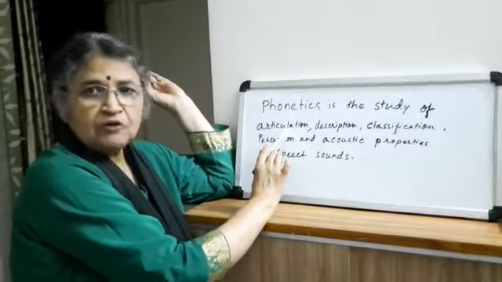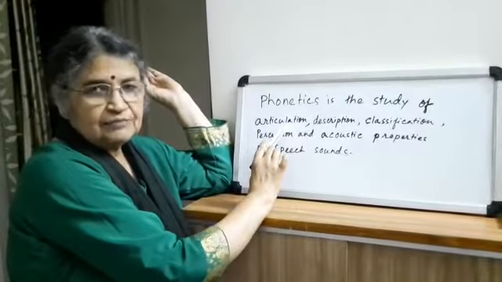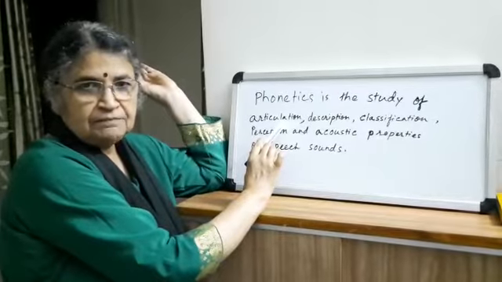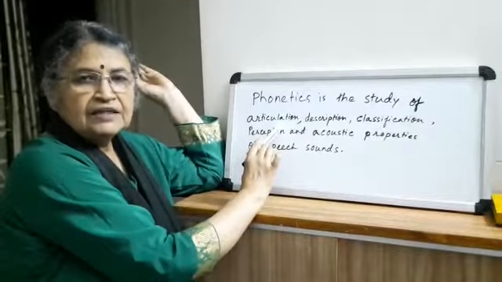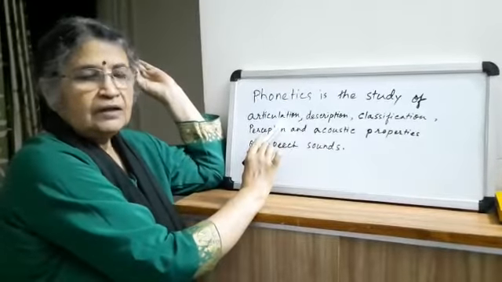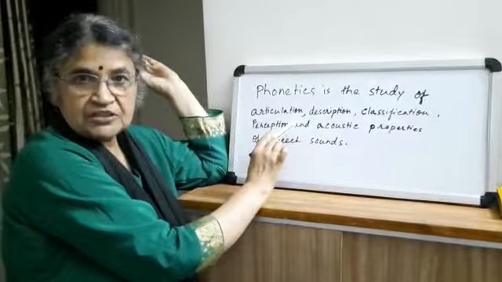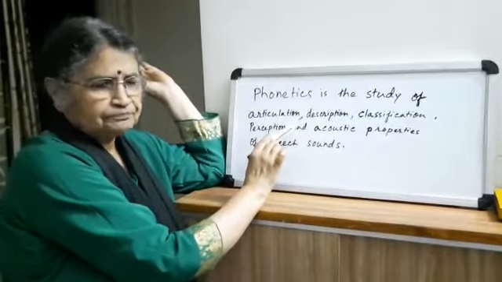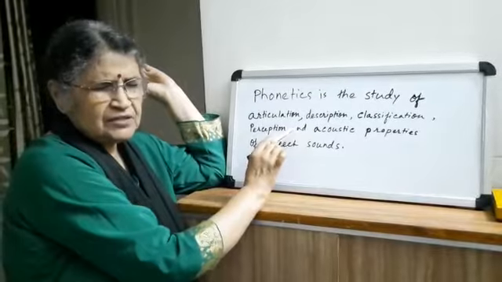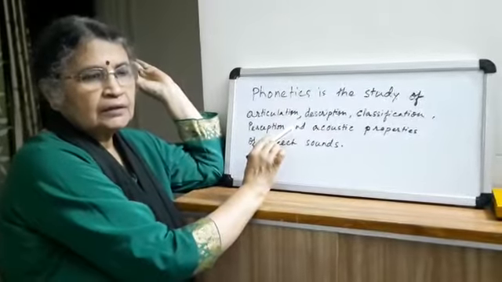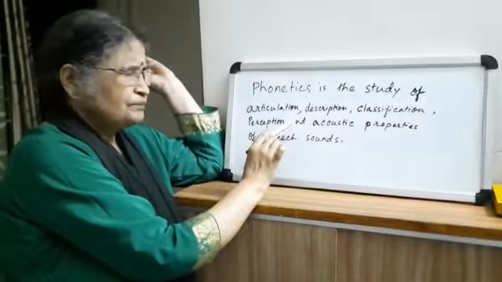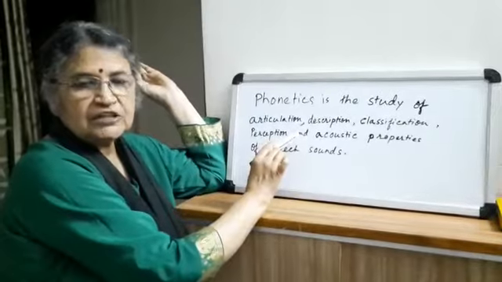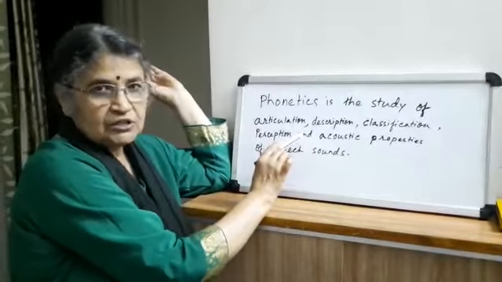What mechanism is involved? There are three systems which are involved in the production of speech sounds: respiratory system, phonatory system, and articulatory system. The respiratory system consists of the lungs and the windpipe.